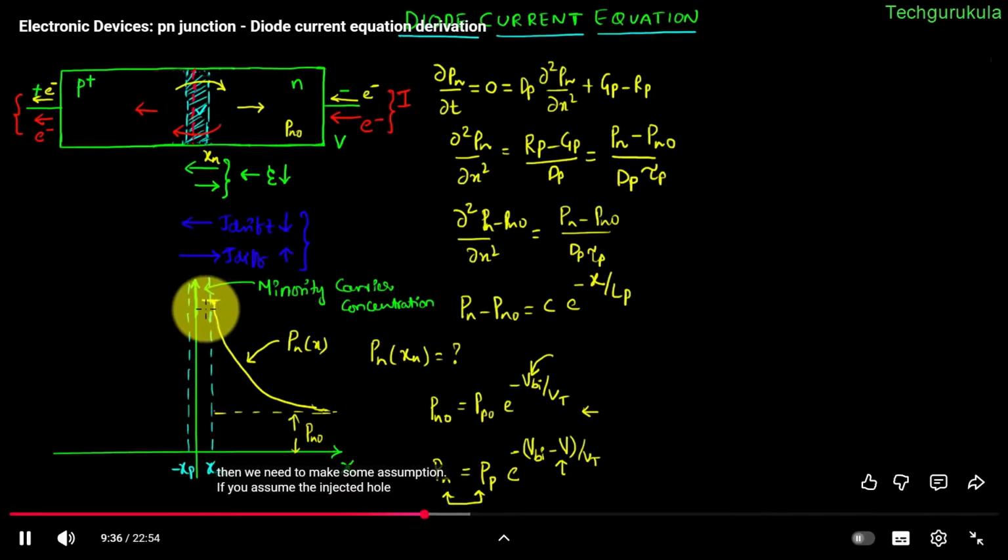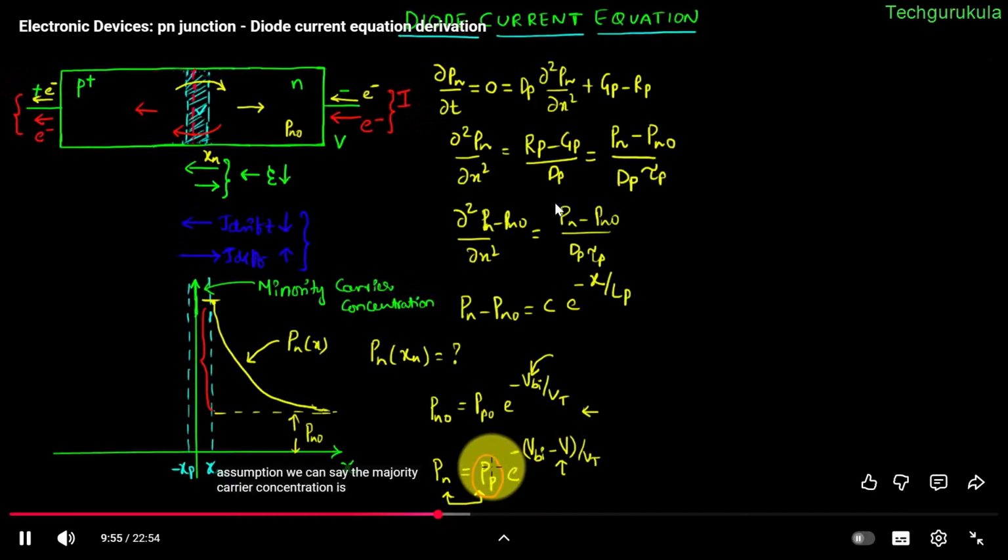If you assume the injected hole concentration is far less compared to the electron concentration in the n-side, and similarly the injected electrons onto the p-side is far less compared to the hole concentration, under this assumption, we can say the majority carrier concentration is very close to the majority carrier concentration under equilibrium itself.